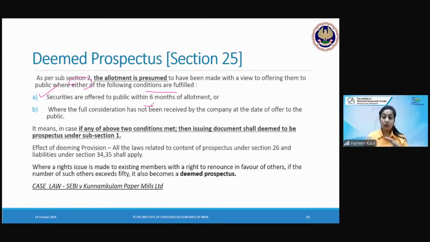Now, if within 6 months of the agreement that the company has made with the issue house, allotment happens, then yes, it will be deemed that this document they're using for offering the securities is a deemed prospectus. Or where full consideration has not been received. So if net consideration has not been completely received from the date of public offer, then it will be assumed. If any of the conditions is met, then the issuing document shall be deemed to be a prospectus.